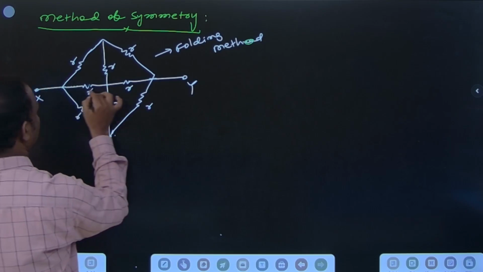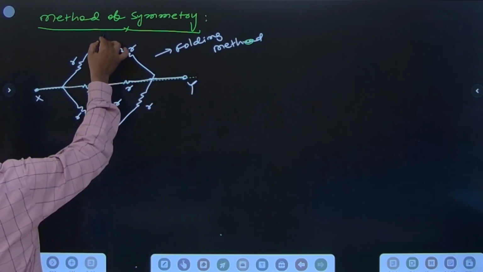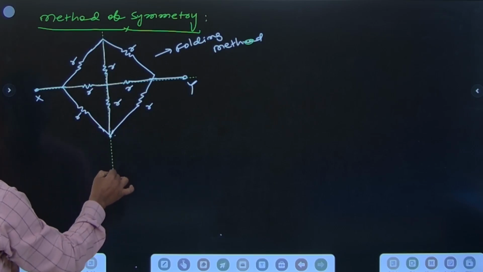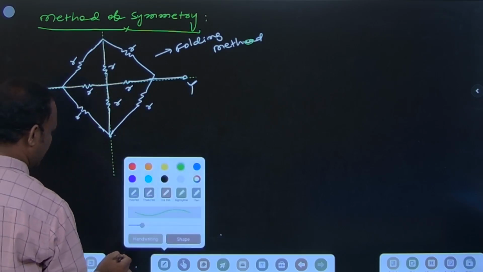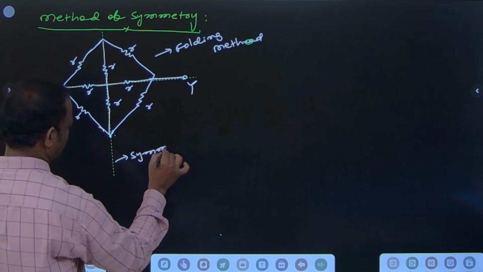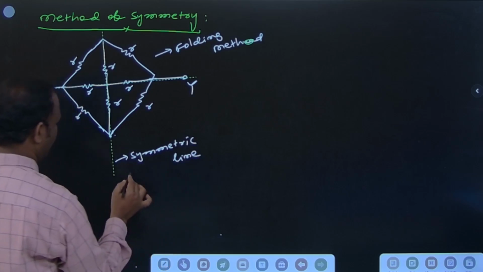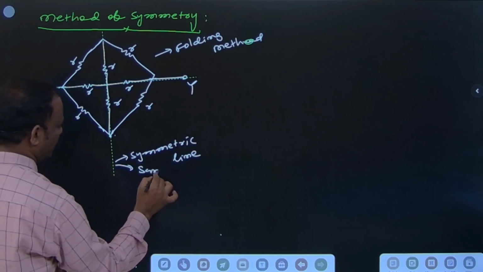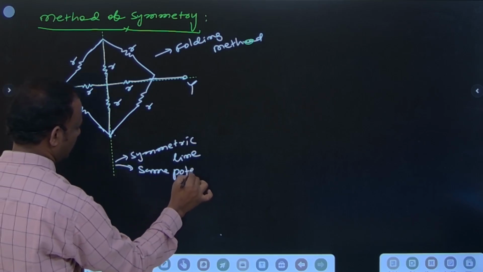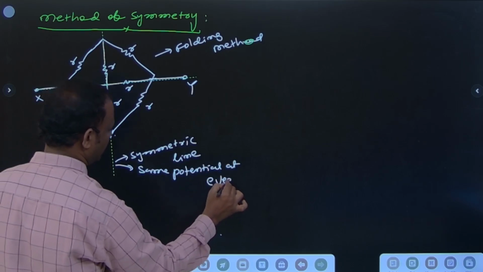This is just a line joining X and Y. The perpendicular bisector of this is the symmetric line. The symmetric line has the same potential at every point.